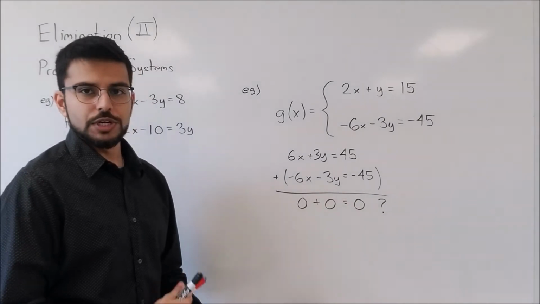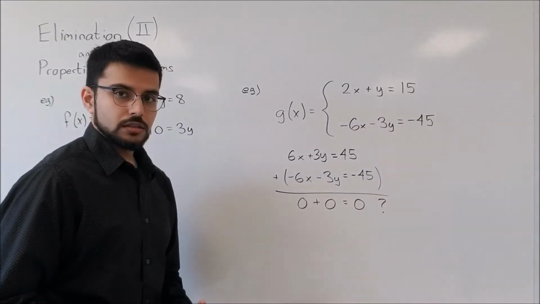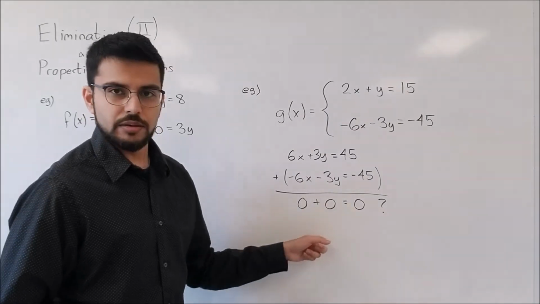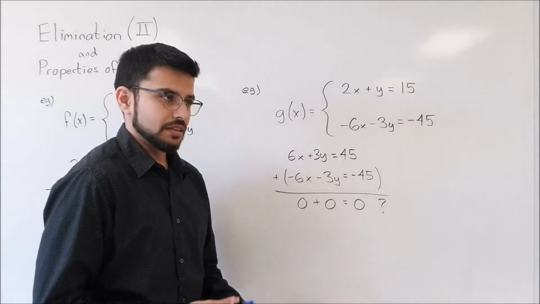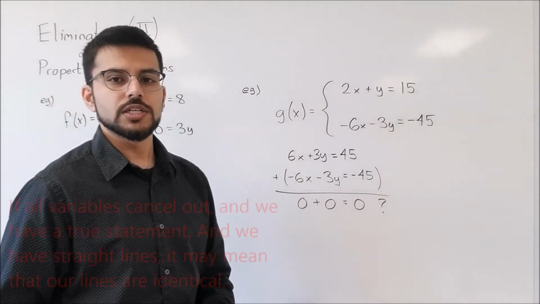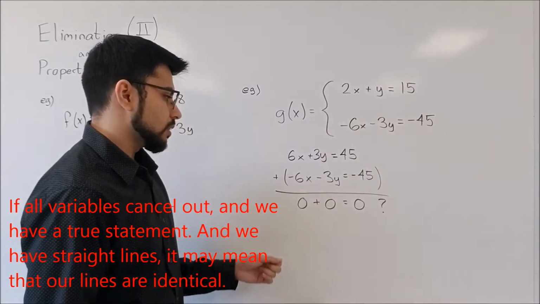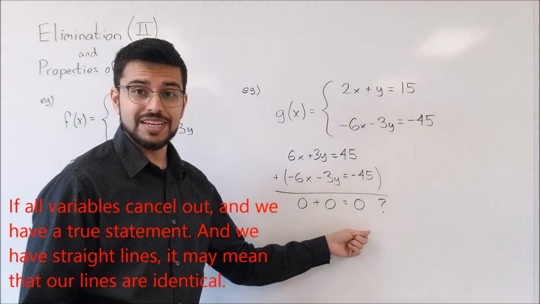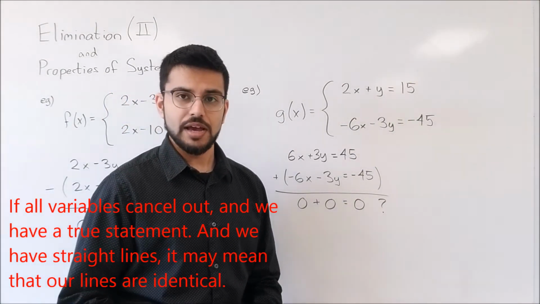And that is a situation that, obviously it can happen, right? But I don't have an invalid statement anymore. 0 is equal to 0, that's kind of true, right? It's not telling me anything false. If that happens, if I have a situation where all of my variables cancel out and I still get a true statement at the very end, it means that I have two overlapping lines.